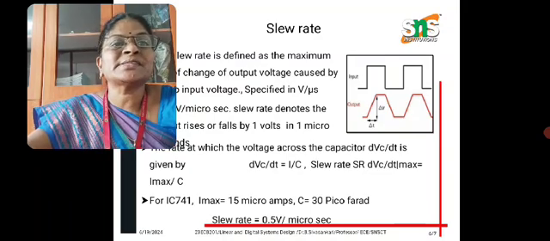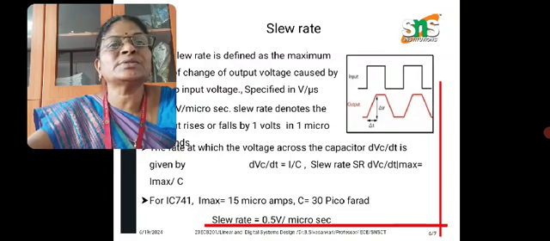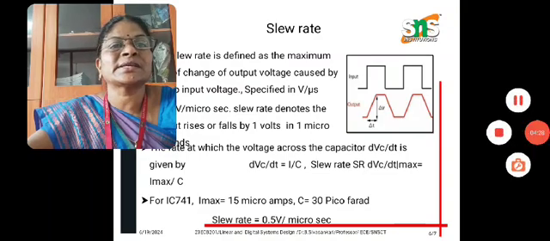It can be specified in volts per microsecond. The slew rate denotes that the output rises or falls by 1 volt in 1 microsecond.